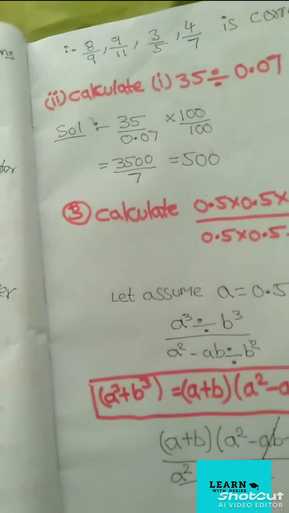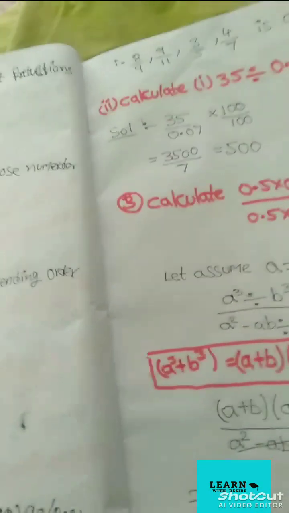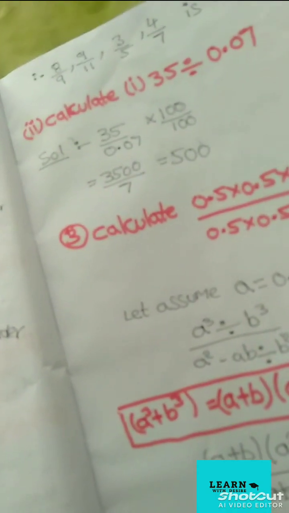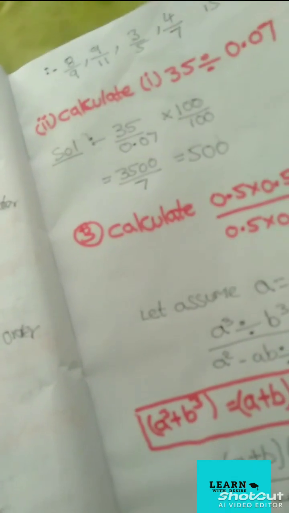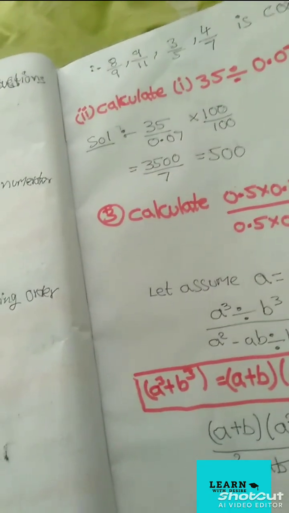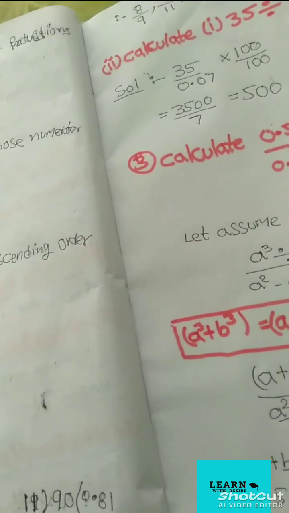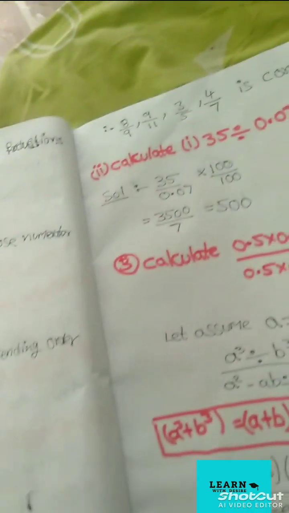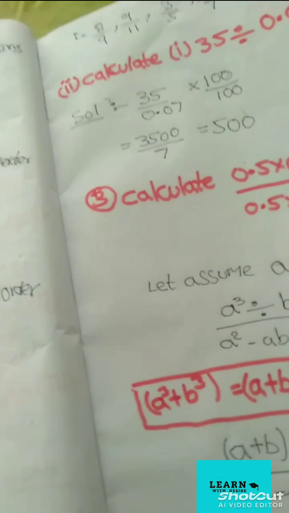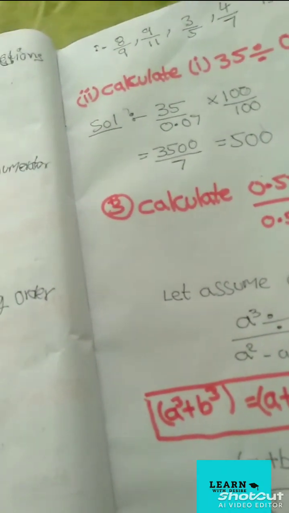Here you can see the next question is 35 divided by 0.07. Here we can arrange the numbers like this, that is 35 at the numerator and 0.07 at the denominator. Here we take 100 as the value to multiply the numerator and denominator. Why we choose 100: in the denominator there are two digits after the decimal point, that is 0 and 7.